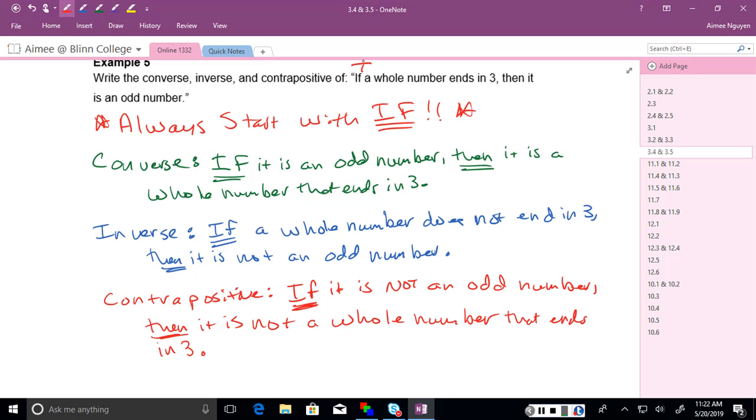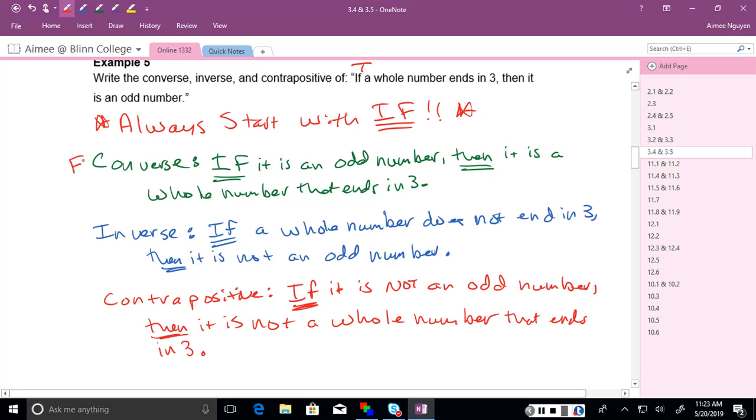Odd numbers would be 1, 3, 5, 7, 9, 11, 13, 15, 17, 19, right? When I look at all those odd numbers, do all of them end in 3? No, right? So that means the converse is not true. No, it could end in other things, right? So my converse is false.